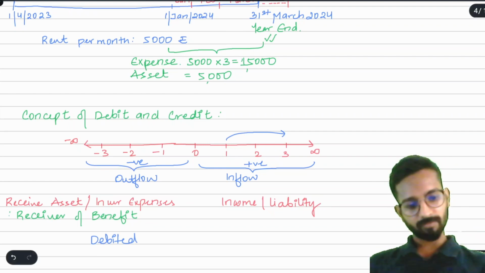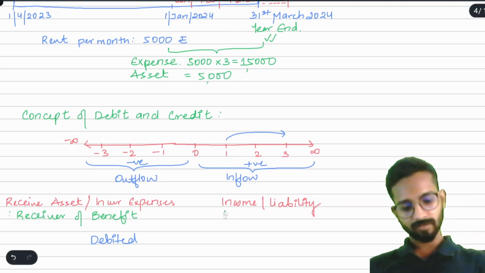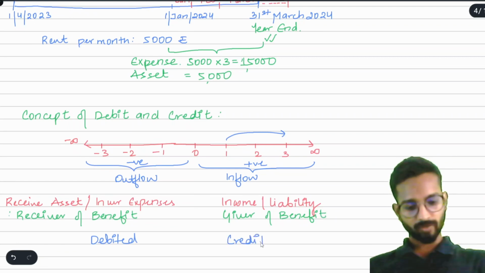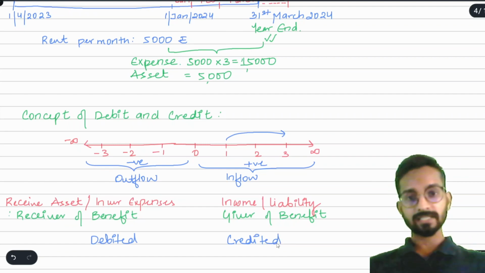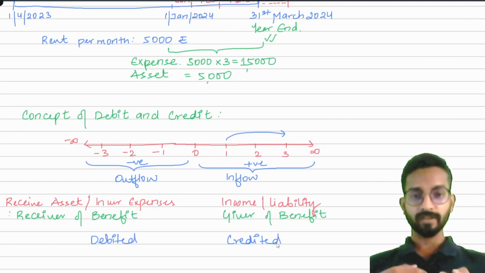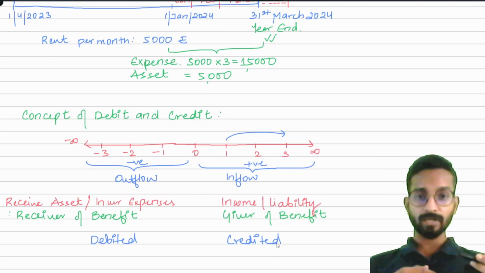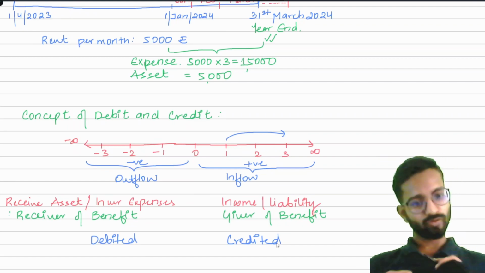It means we will become the giver of benefit. And we already know that the giver of benefit must be credited. So from this you can say that asset and expenses, when incurred or when we are getting assets, should be debited. When income is increasing, when liability is increasing, we have to credit that.